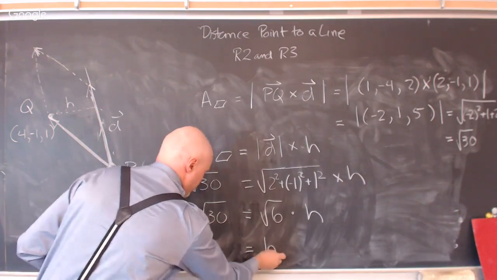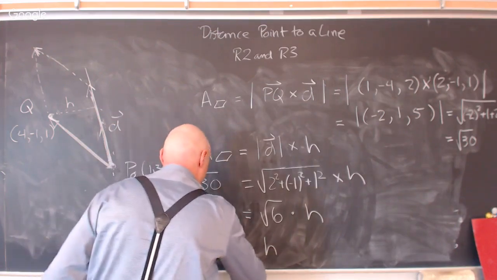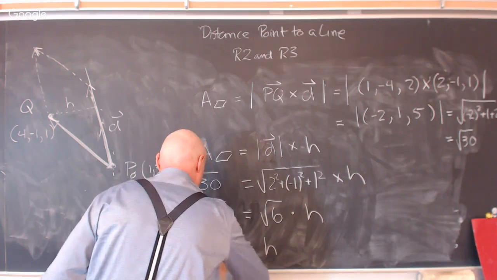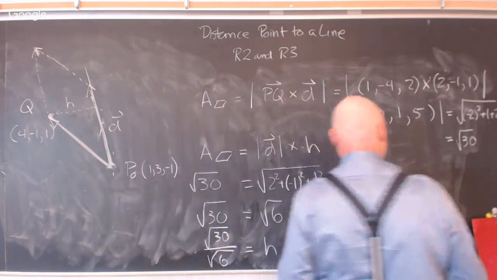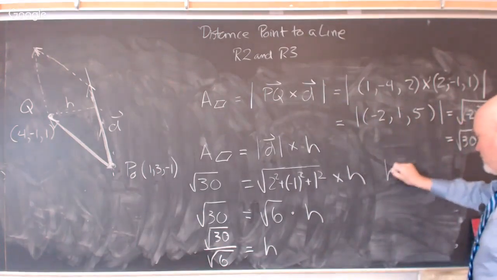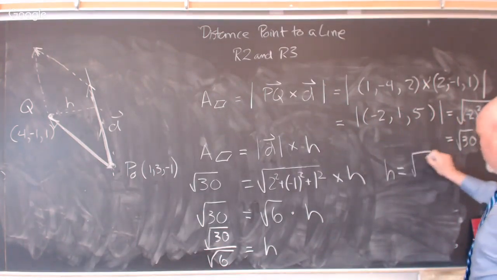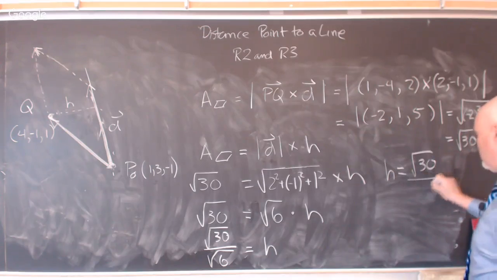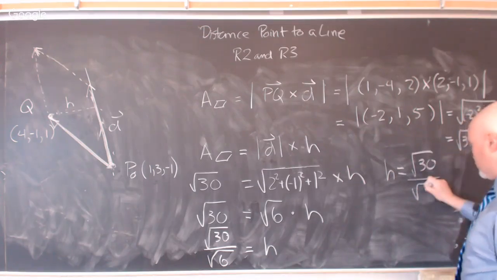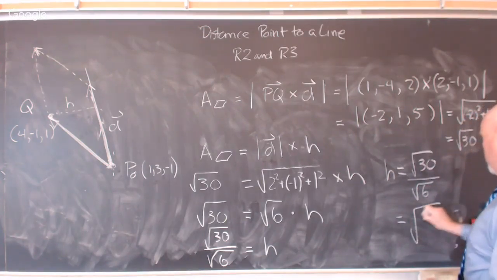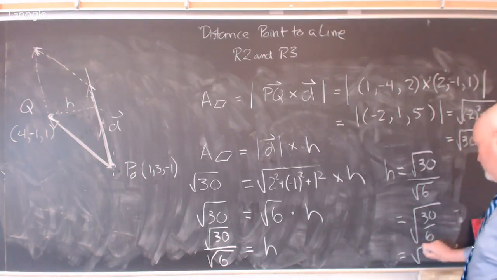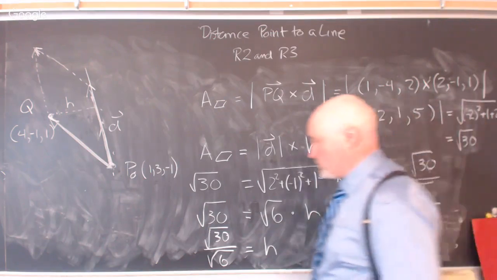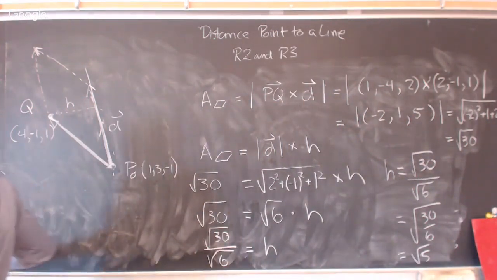Isolating h, it is equal to the square root of 30 divided by the square root of 6. Just so we remember, the square root of 30 divided by the square root of 6 is the same as the square root of 30 divided by 6, which is the square root of 5, which was what we got for h last time. Okay, that's that.